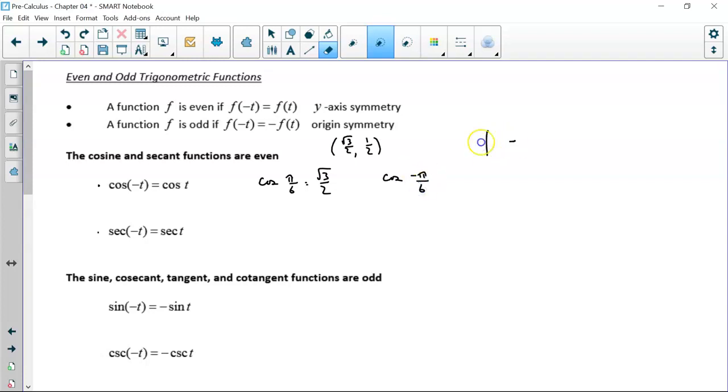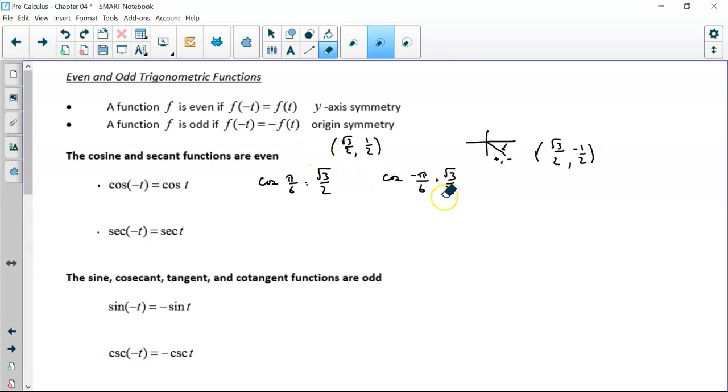Just going to make a little sketch. Negative pi over 6 means we're going clockwise, so that tells us we're in quadrant 4. So it's positive root 3 over 2, negative 1/2, because in quadrant 4 it's positive, negative. And the cosine of negative pi over 6 is root 3 over 2.